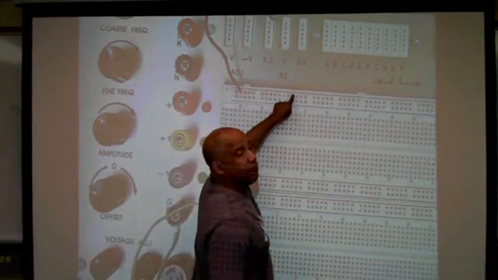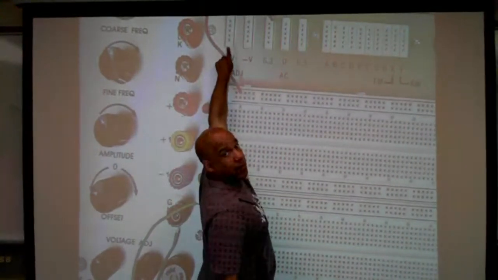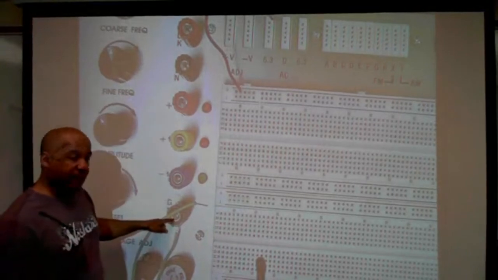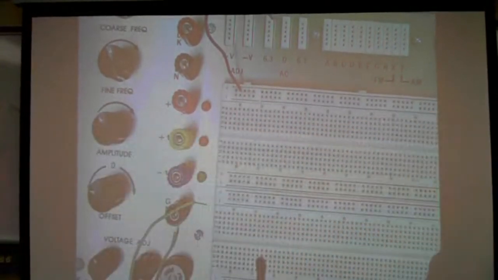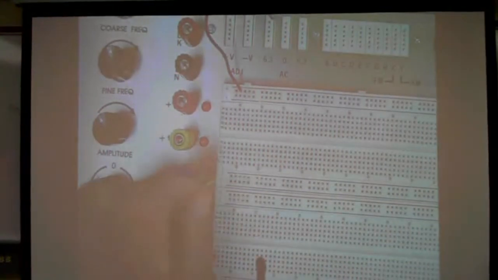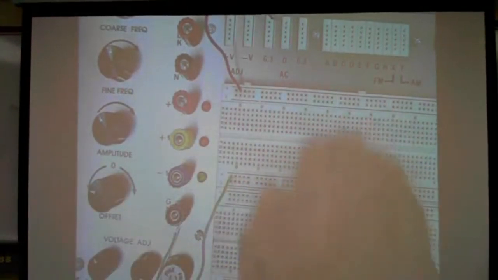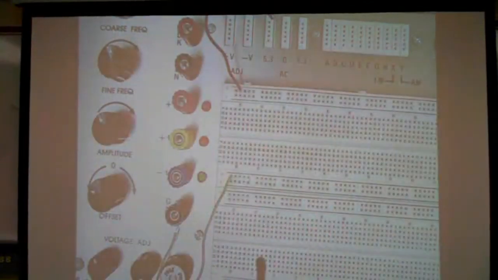I'm using this top rail for my positive voltage polarity, which is plugged into that output. And then I have my negative plugged at that pulse. I'm going to put that in that bottom rail so that I have positive and negative voltage for this. This is actually two prototype boards, one here and then one down here. So I'm using this top prototype board.